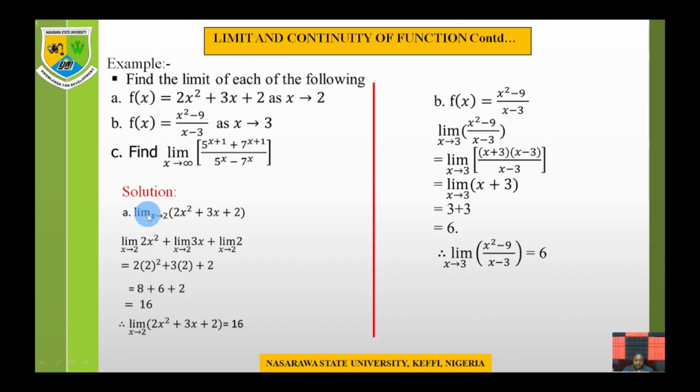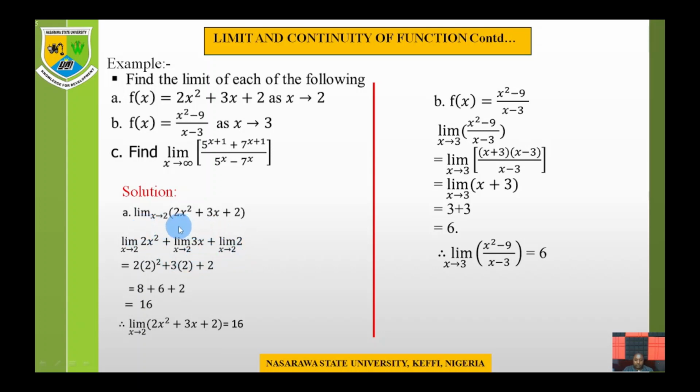For A, limit of 2x raised to power 2 plus 3x plus 2 as x approaches the value of 2 is the same as limit as x approaches 2 of 2x squared plus limit as x approaches 2 of 3x plus limit as x approaches 2 of the constant 2.